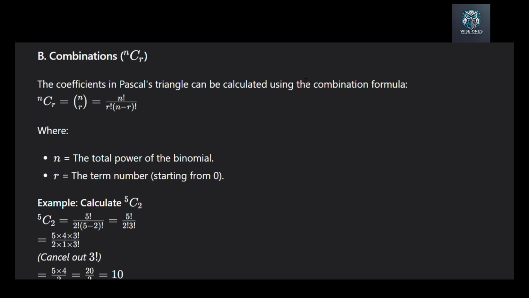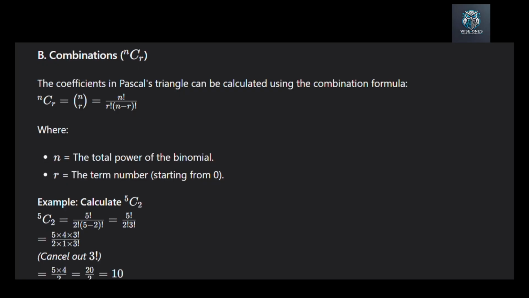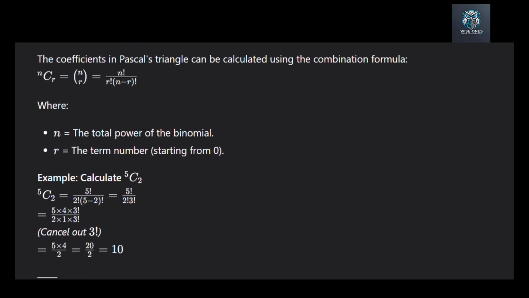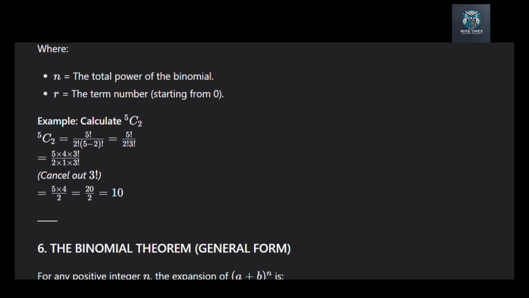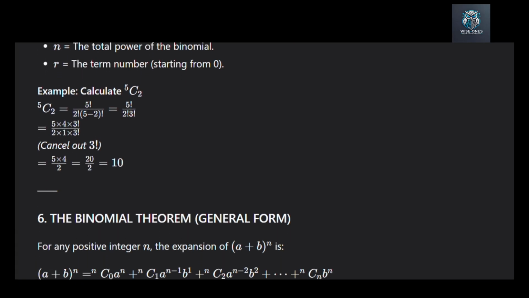Top, 5 times 4 times 3 times 2 times 1. Bottom, 2 times 1 multiplied by 3 times 2 times 1. Notice that 3 times 2 times 1 appears on both the top and the bottom. We can cancel them out. So we are left with 5 times 4 on the top and 2 times 1 on the bottom.